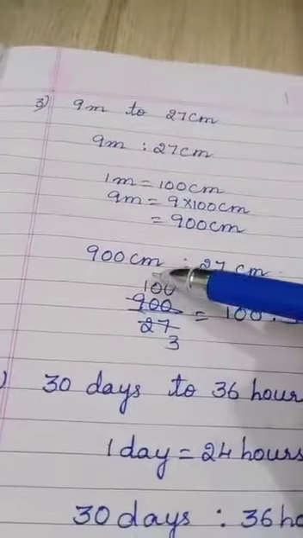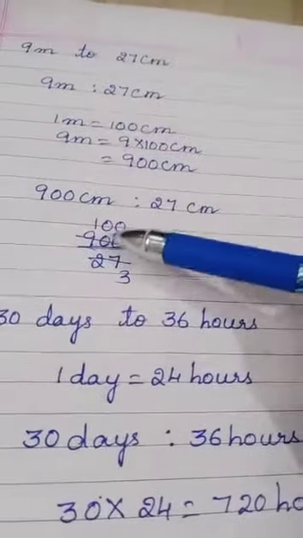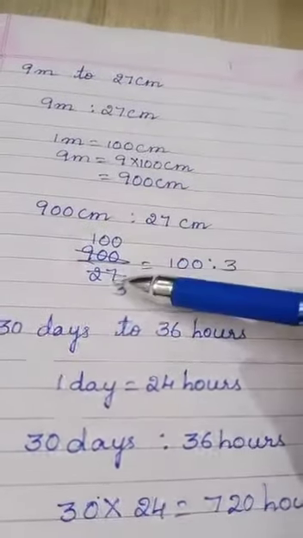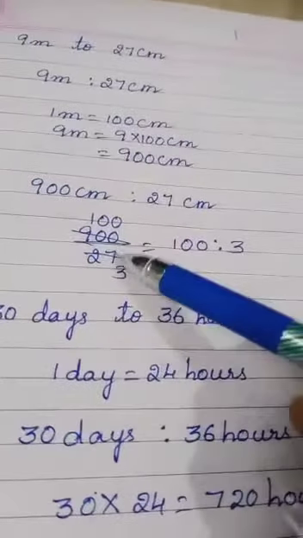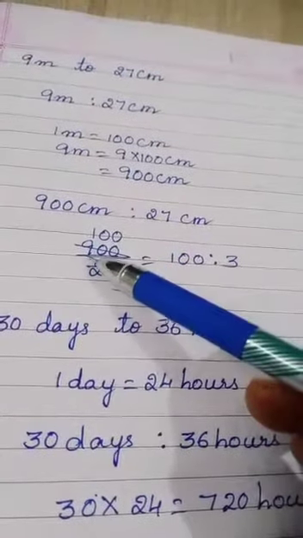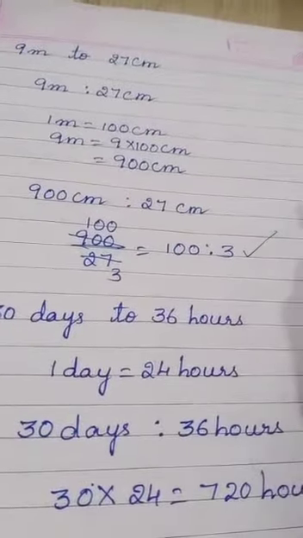So 9 meters we can write as 900 centimeters and 27 centimeters as usual. So 900 will be in the numerator and 27 will be in the denominator. Cancel these two, that is 9 3s are 27, 9 100s are 900. What is the ratio? 100 is to 3. Clear?